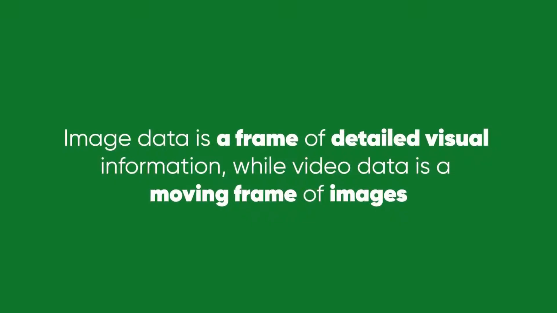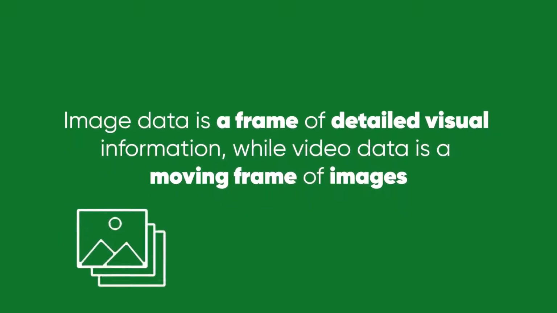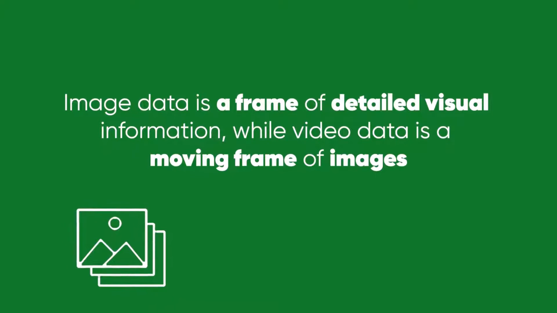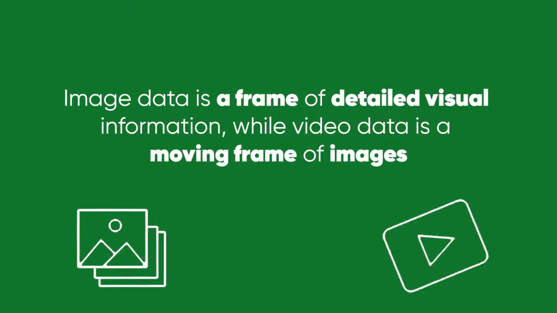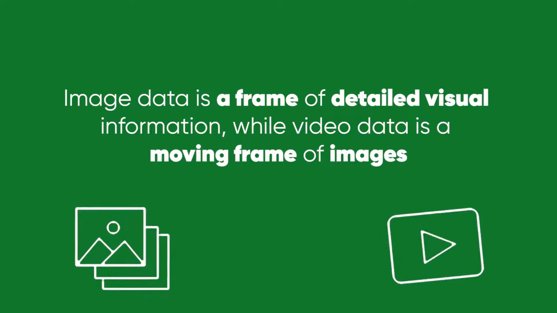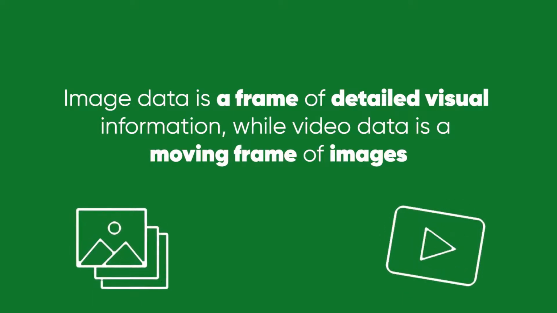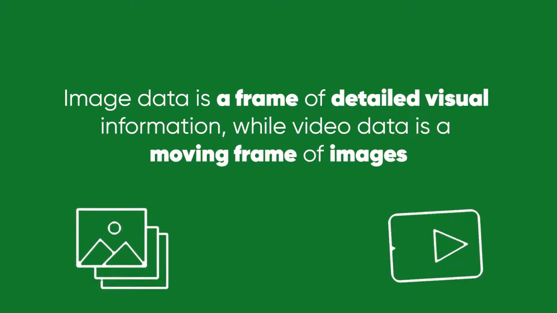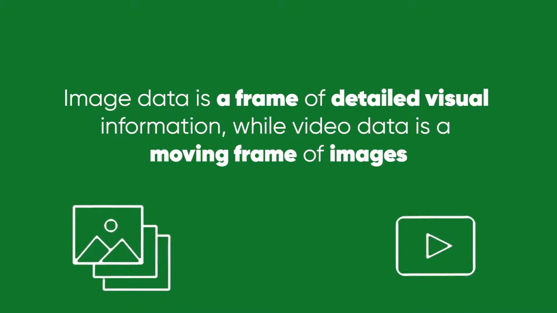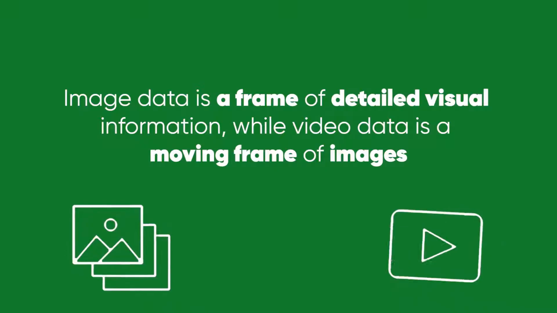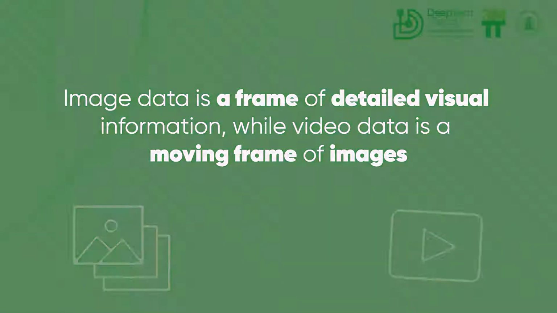So, an image data is a frame of detailed visual information, while the video data is a moving frame of visual images. That's the difference between an image and a video. So, with respect to videos, the images are moving at a particular frame per second.